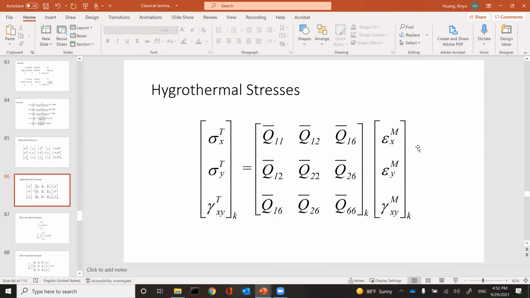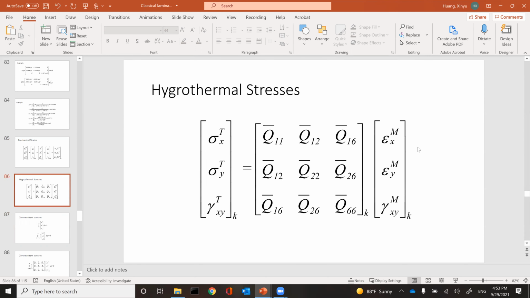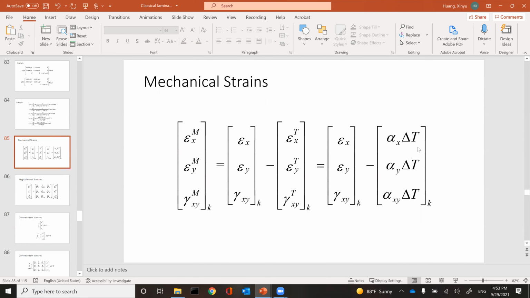All right, we assume the hygrothermal stress is basically, if you connect this laminate together without bonding them, without gluing them together, each one can freely expand to the zero stress state, then there's no mechanical stress.